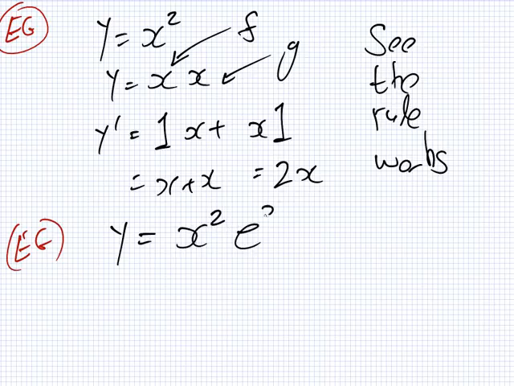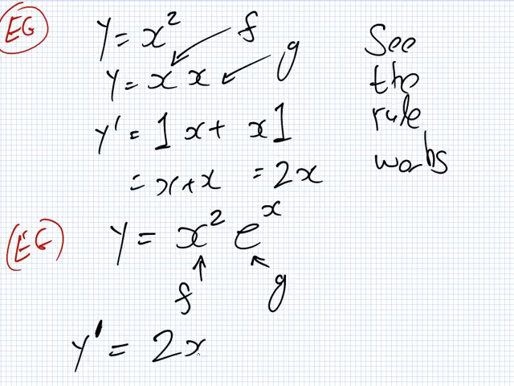Now let's look at our original question, x squared e^x, where this is f and this is g. So the derivative: derivative of f, 2x, times g, plus f times derivative of g, e^x.